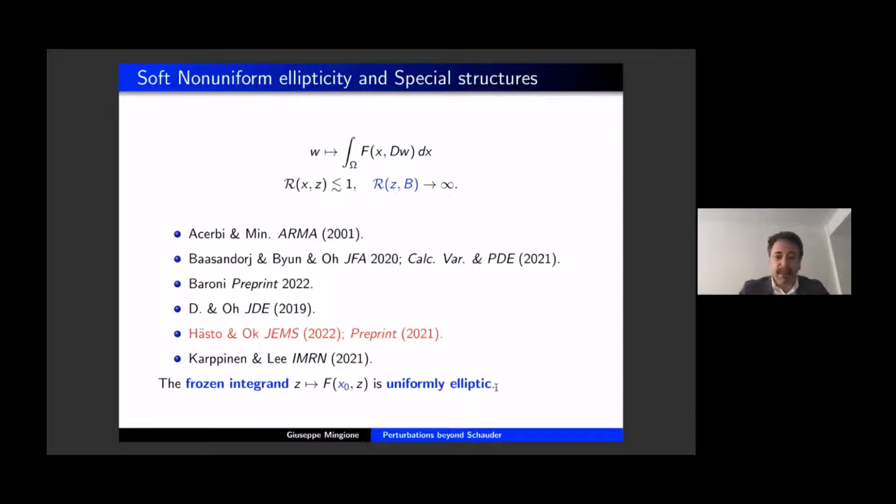In particular, there are two very interesting papers by Peter Hästö and Jihoon Ok that I invite you to take a look at. All these papers deal with the case that whenever you freeze, you get a uniformly elliptic operator.